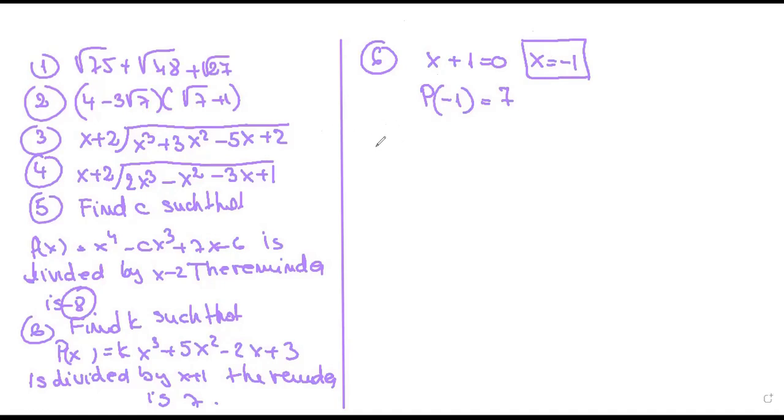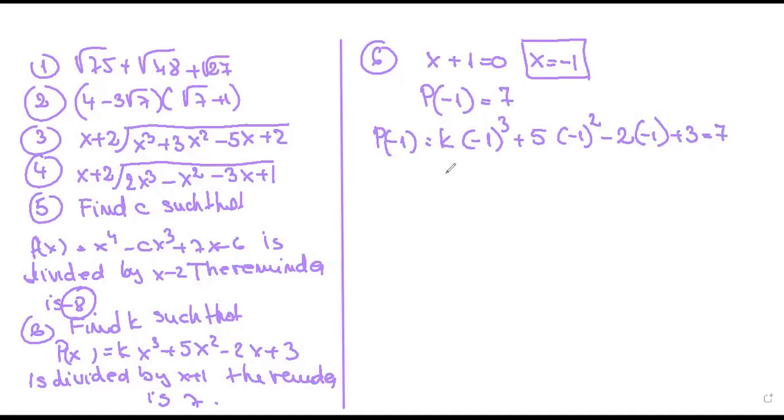Let's see. P of negative 1 equal K times negative 1 to the 3, plus 5 times negative 1 squared, minus 2 times minus 1, plus 3 equals 7.